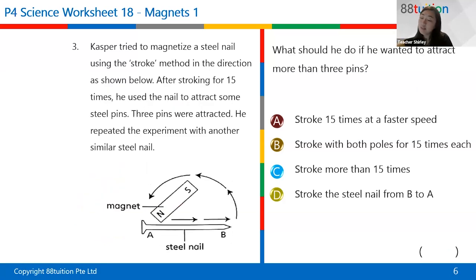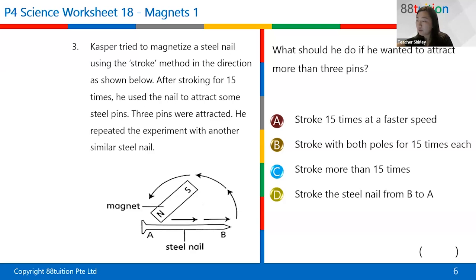Now, question 3. Casper tried to magnetize a steel nail using the stroke method. This is another way to make a temporary magnet, in the direction as shown. After stroking for 15 times, he used the nail to attract some steel pins. 3 pins were attracted. He repeated the experiment with a similar steel nail.